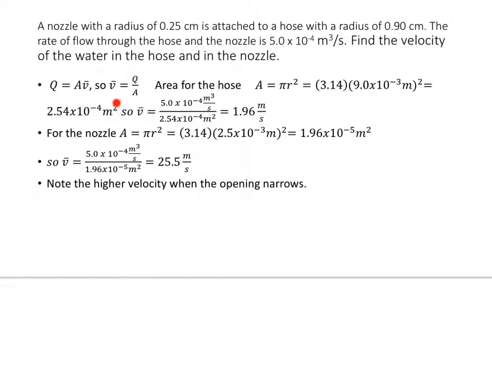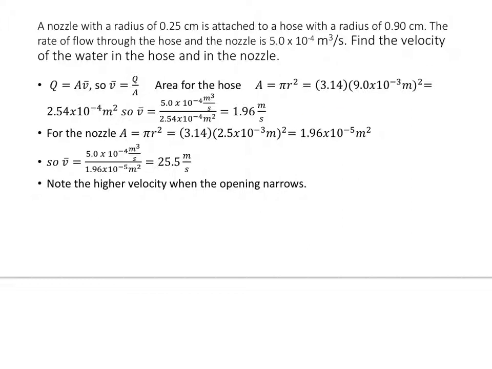computing this average velocity, which is going to be the Q divided by the area. But we've got to calculate this cross-sectional area for the hose. Notice we were given the radius as 0.9 centimeters. So area is pi r squared. Pi is 3.14.